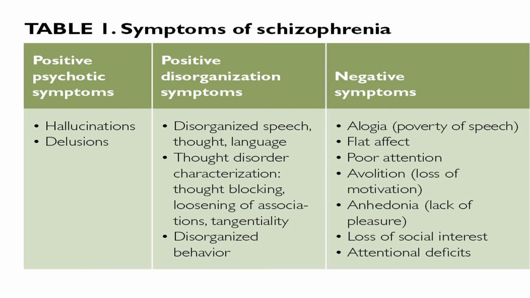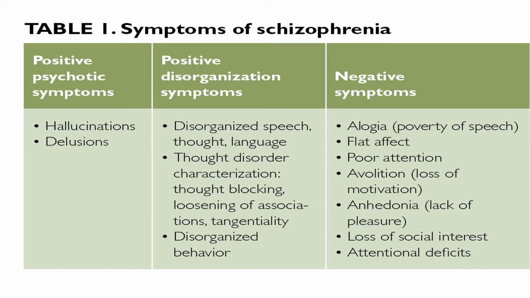You can have, as I mentioned, tangential thinking. You can have thought blocking disorders. You can have all kinds of disorders that are in addition, so they're called positive symptoms.